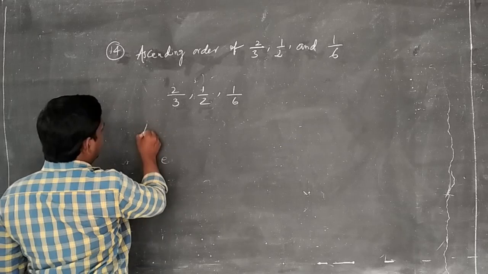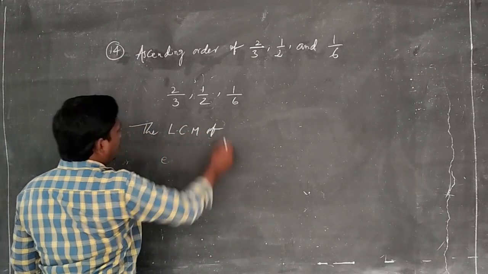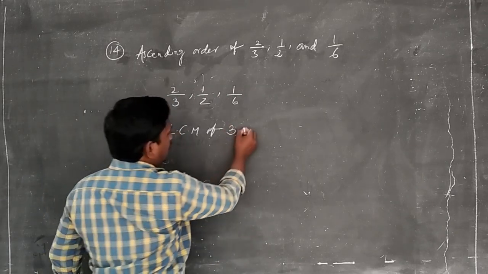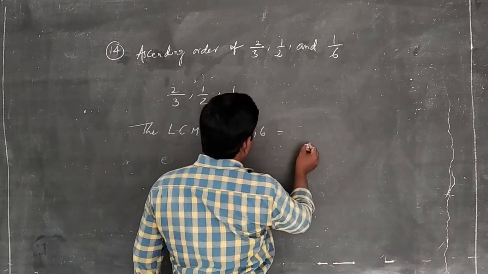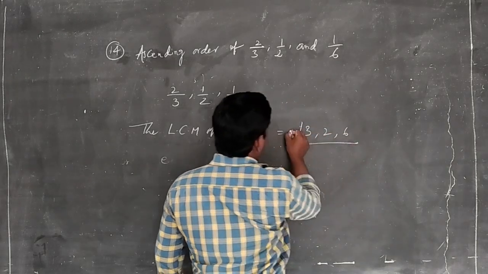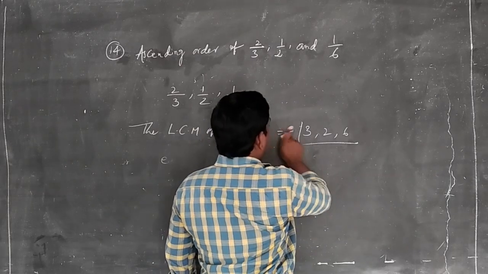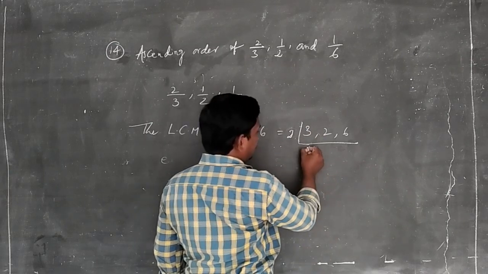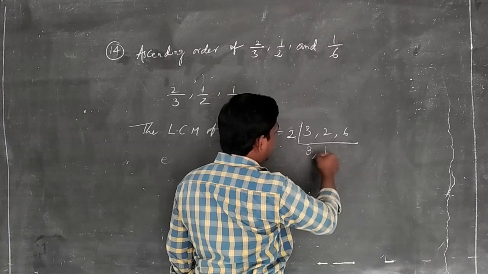The LCM of 2, comma 3, comma 2, comma 6 is: take 2 table first. 2 doesn't cancel in 3. 2 table cancel in 2, 1 time.